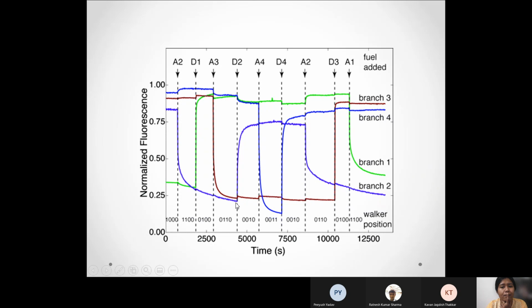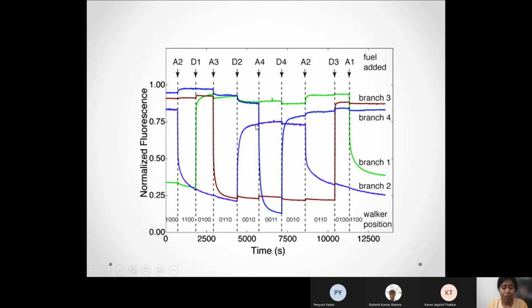Why is this? Have I confused it? This is branch 4. Branch 4 fluorescence goes down. Okay, D2 is where the fluorescence should be up. Sorry. So it's all right. So once you have added the second attachment strand, the fluorescence of the second D2, A2 should go up. So that's exactly what you see here.